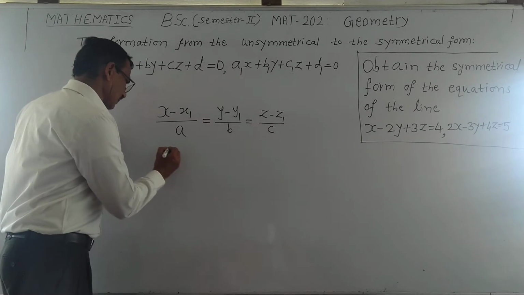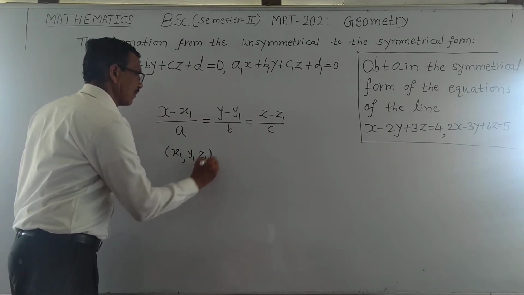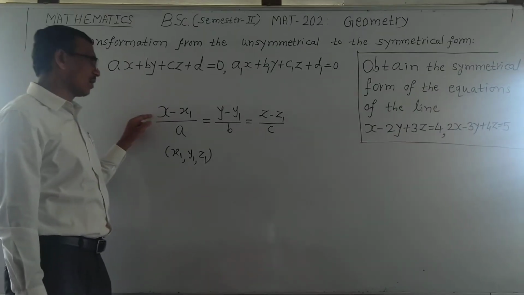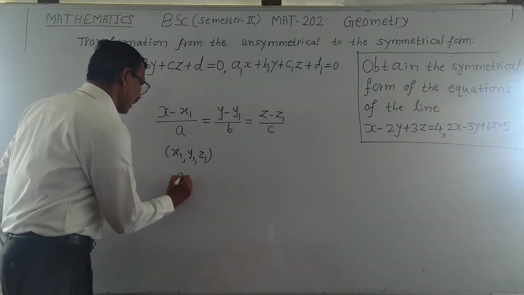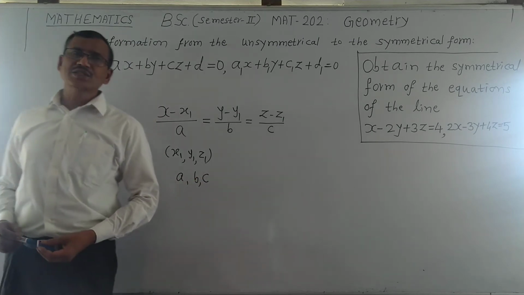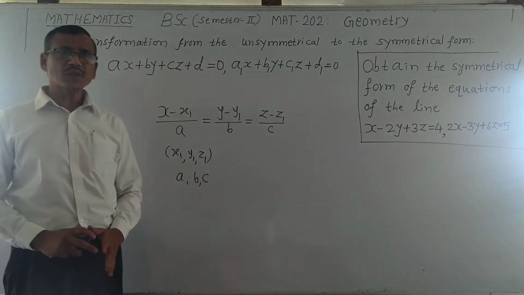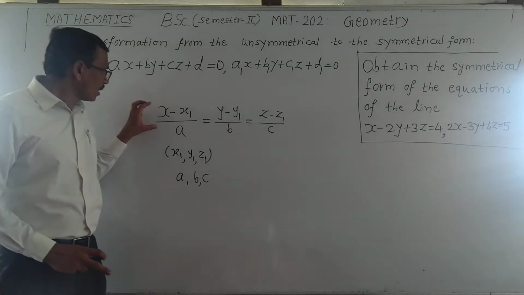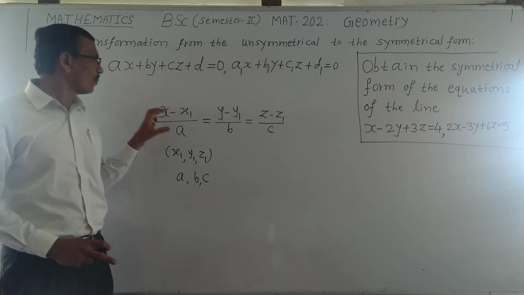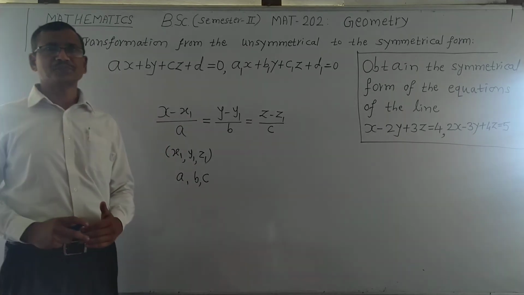In this equation, (x1, y1, z1) is the coordinate of one point which lies on the line, and a, b, c are the direction ratios of the line. Now, this form of the equation of a line is called the symmetrical form.